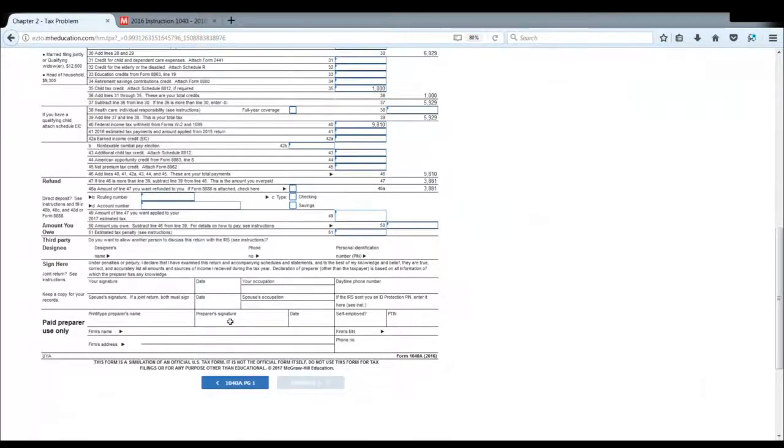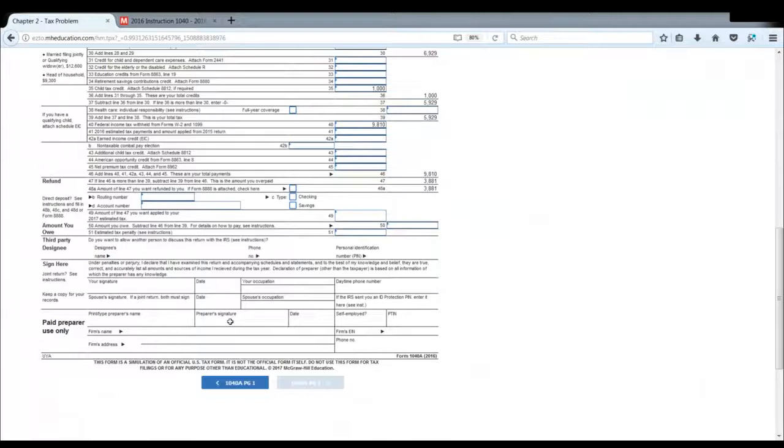You'd also put your signature there. It would probably be an electronic signature, right? That comes with the software. The software will automatically enter in a date, the date that you file the return. The preparer's name will auto-populate because you're doing it electronically, right?